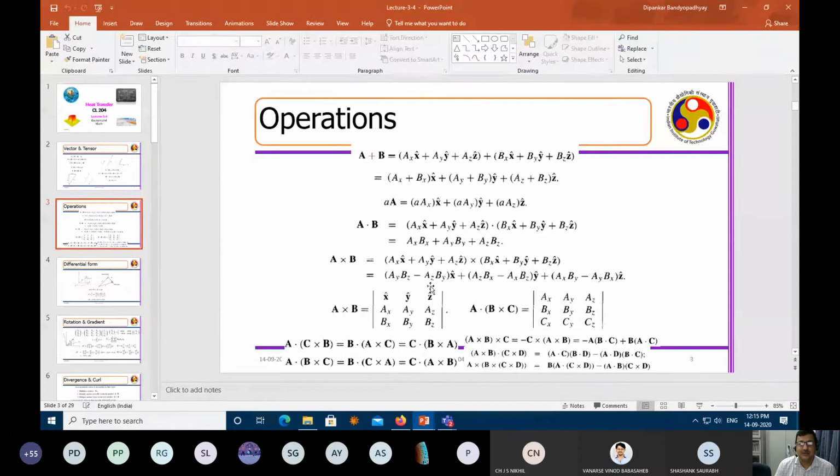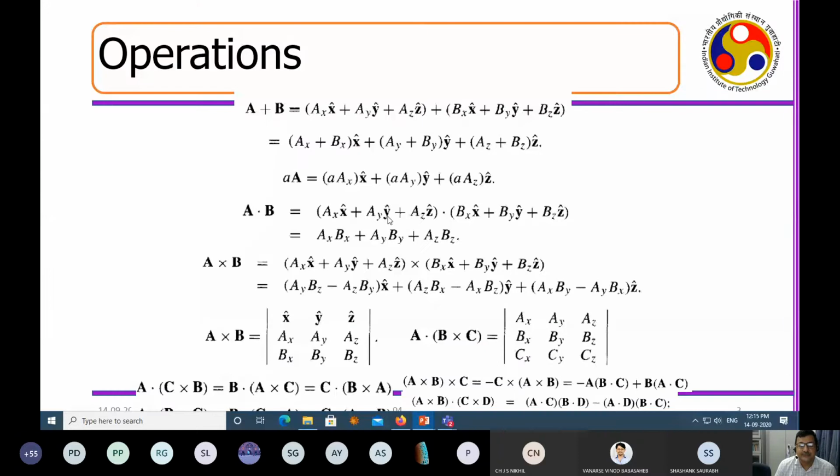Typically, when you take a dot product, what happens? Say this is A1 E1, A2 E2, A3 E3, and this is B1 E1, B2 E2, B3 E3. Now, if you take a dot product, what do you get? A1 B1 in XX, A2 B2 in YY, and A3 B3 in ZZ.